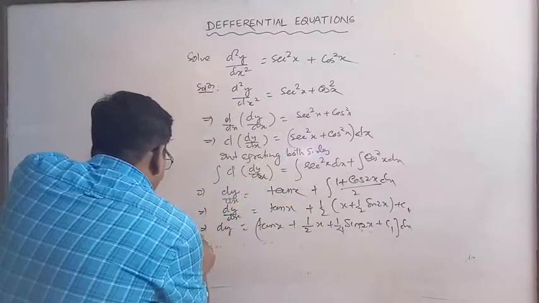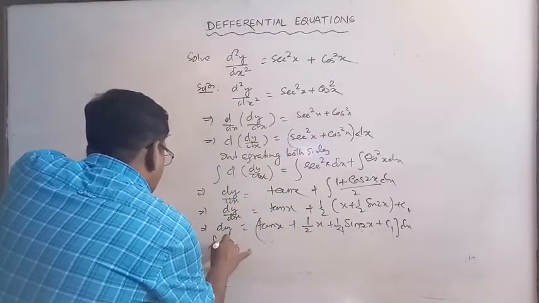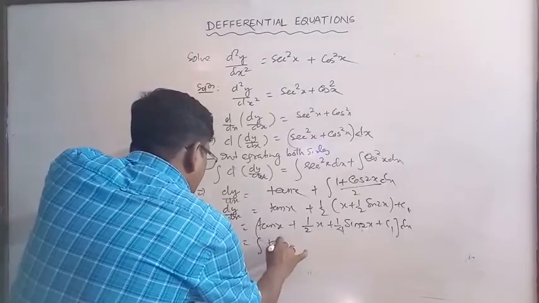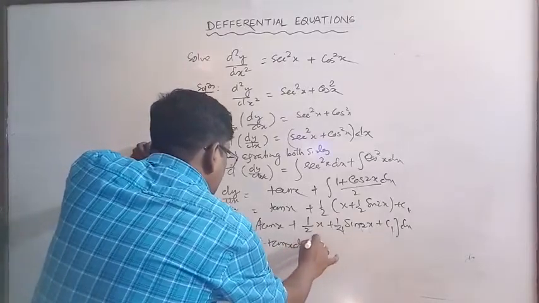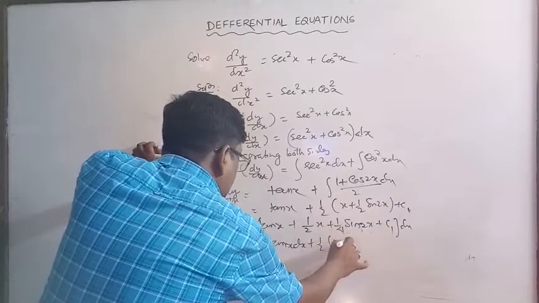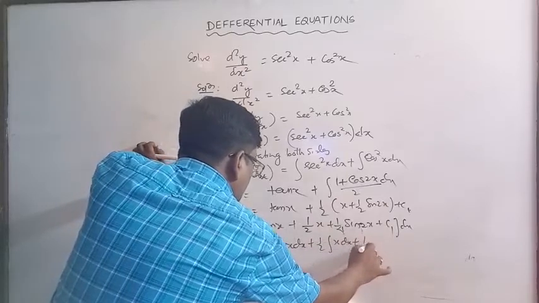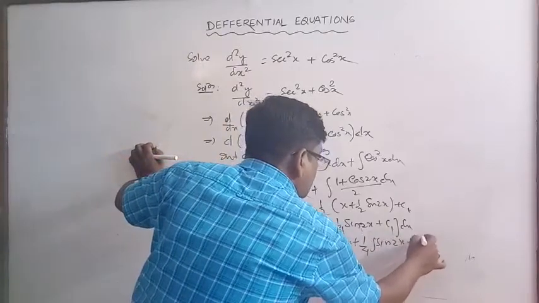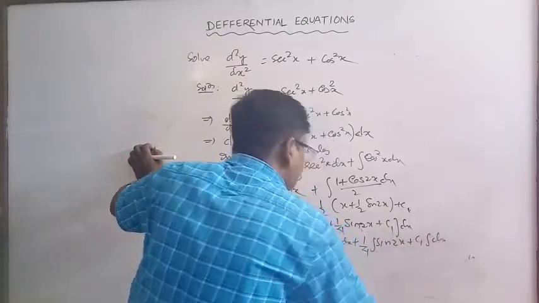that is again integration dy is equal to integration of 10x dx plus 1 by 2x dx plus 1 by 4 sin 2x dx plus c1 into dx.